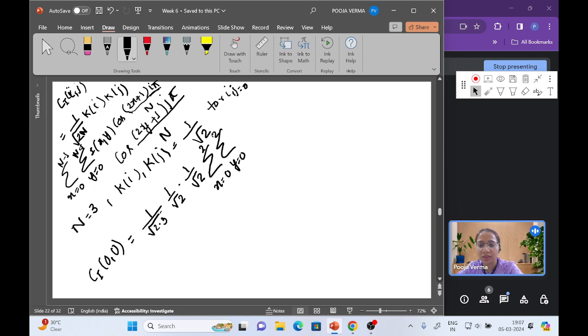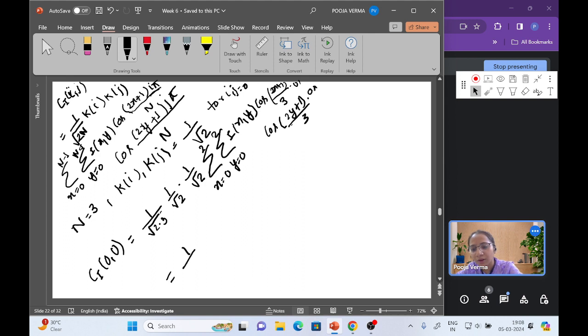I(x,y) cos of 2x plus 1, here n is 3 and i is 0. Here we are getting i and j, so i and j both are 0, so the whole function will be 0. Cos of 2y plus 1 into j pi, so j is 0, and 2 pi divided by 3.